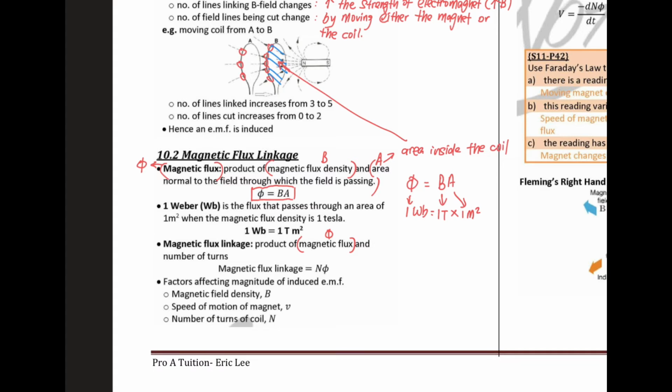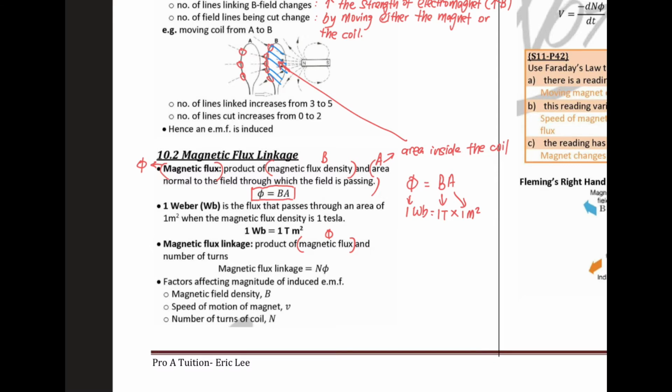Okay, so actually we learned magnetic flux last time in chapter 9. So that time when we learn magnetic flux, it is written in the notes there saying that this is the number of magnetic field lines passing normally to a given area.